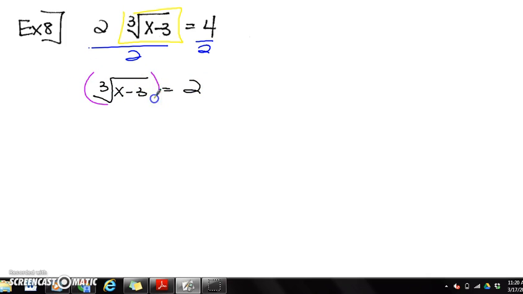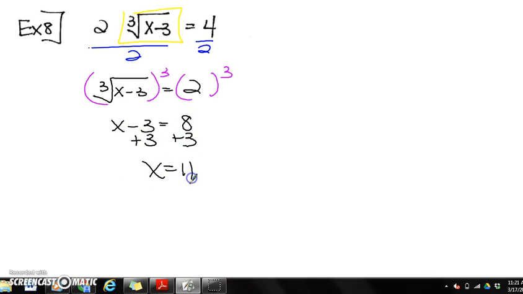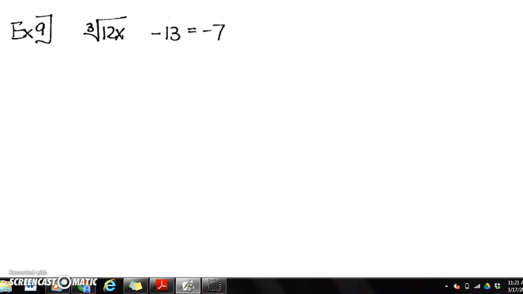Then you simply raise each side to the third power. And you get x minus 3 equals, well, 2 times 2 times 2, maybe 3 2s, or 8. You add the 3 to each side, you get x equals 11. Go ahead and check that. We'll go over it when I get back.